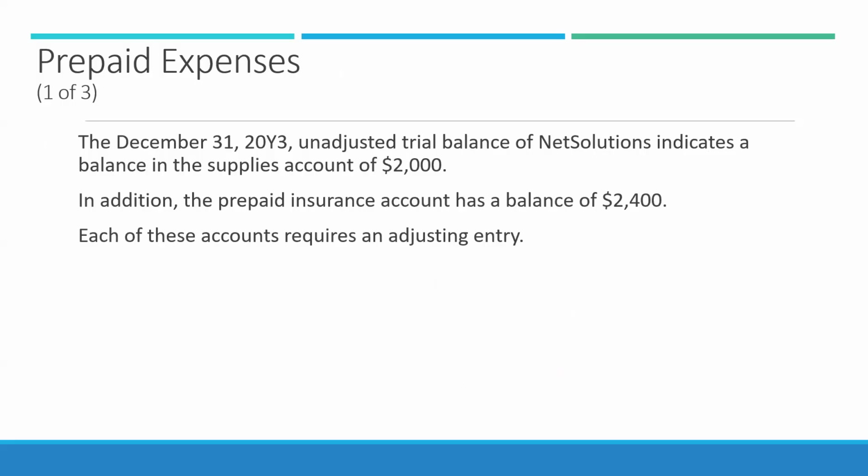Why? Because chances are we've used up supplies, and with prepaid insurance, just through the passage of time, insurance expires. You don't want to get in a car wreck and use your insurance. But sometimes at the end of the year, you go, God, I'm paying all this money for what?